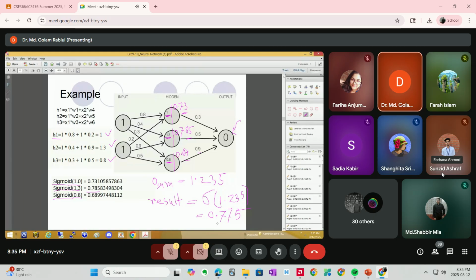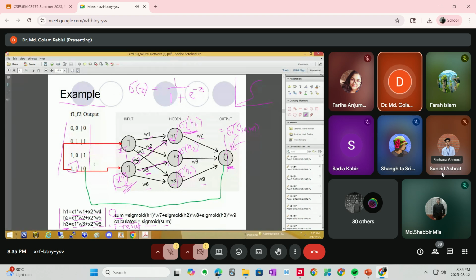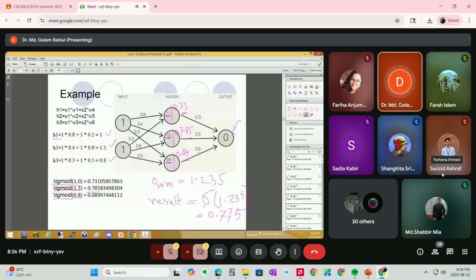This is the prediction. But according to our data set, the expected value in the output is 0. The class label here, the output, is 0. But according to our model, the predicted output is 0.775.